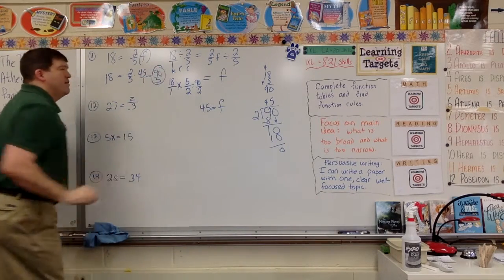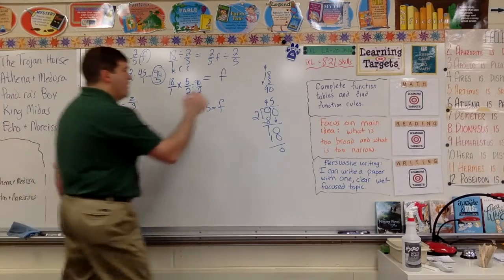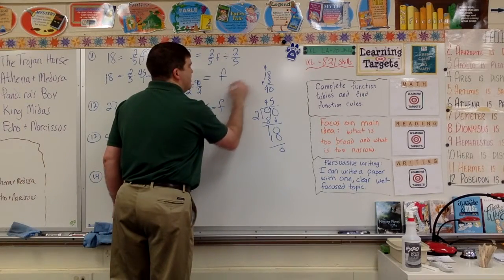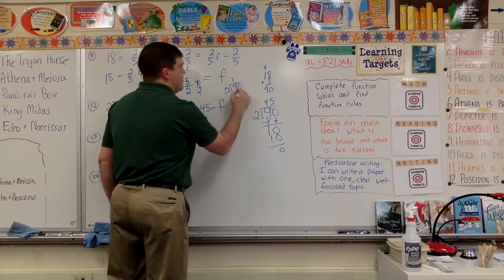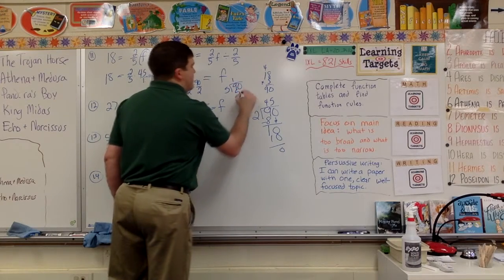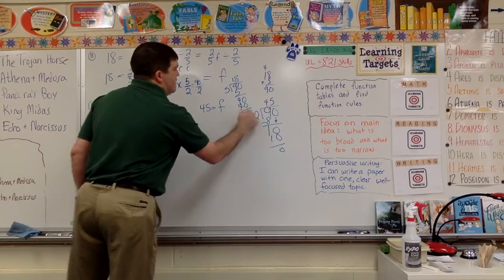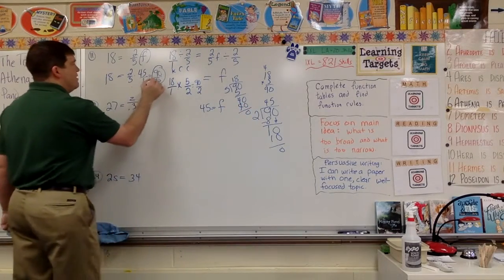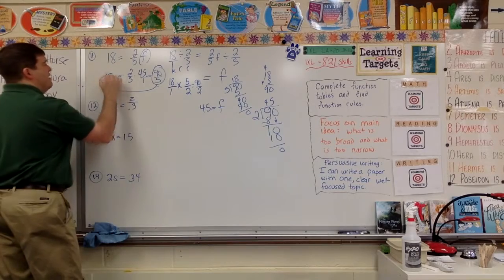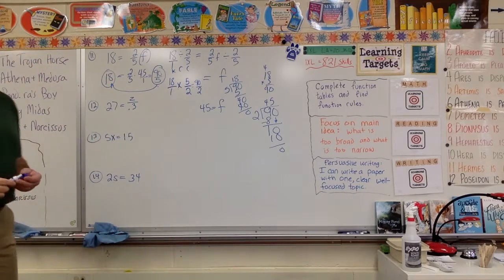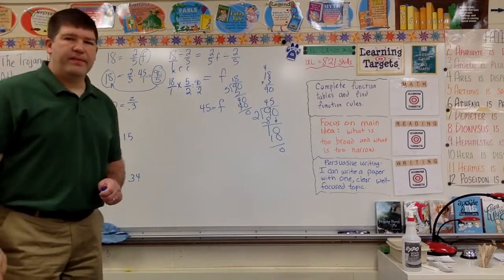Then in my calculator I do 90 divided by 5. I'm going to come over here, 90 divided by 5, goes in there 1 time, 5. Then at 40, that goes in there 8 times, 40, and that's 0. So this equals 18, and I've solved it and checked it, okay?